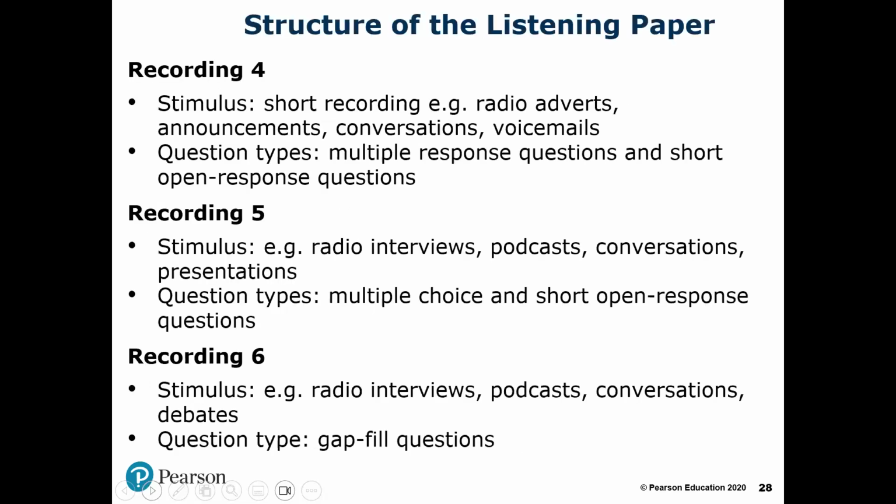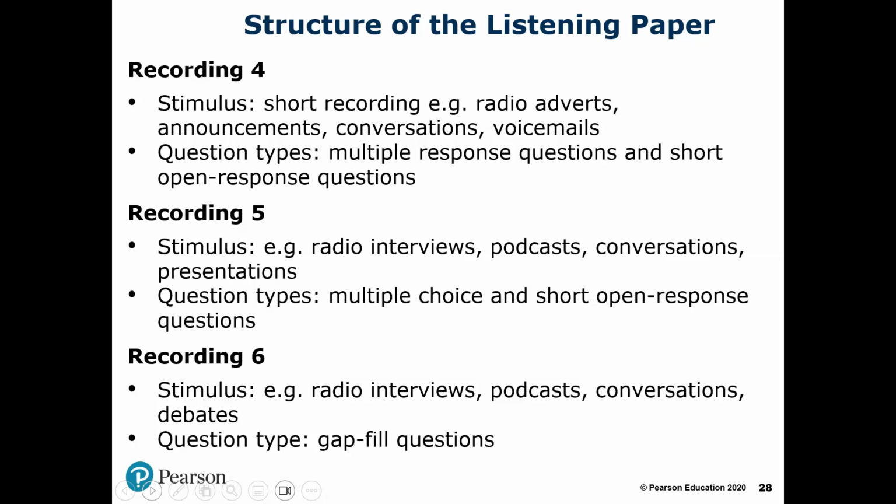Now, that was recordings 1, 2, and 3. Let's have a look at recordings 4, 5, and 6. So recording 4 is a stimulus with a short recording: radio adverts, announcements, conversations, voicemails, etc. The question types here are multiple response questions and short open response questions. As the recordings get longer, they're split into sections.